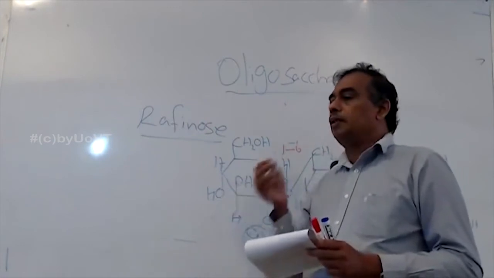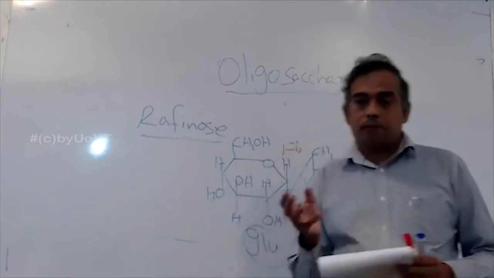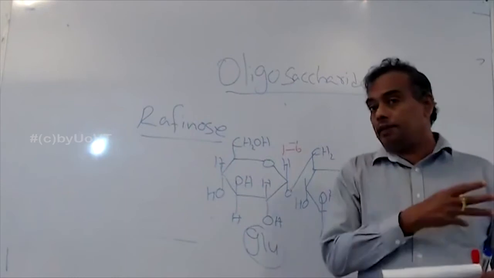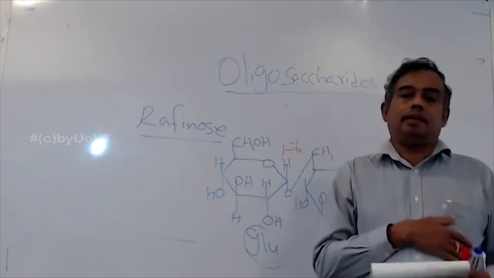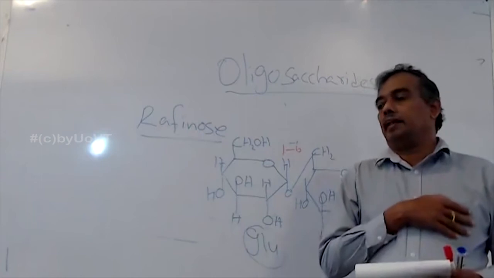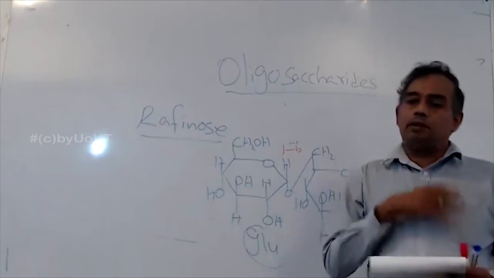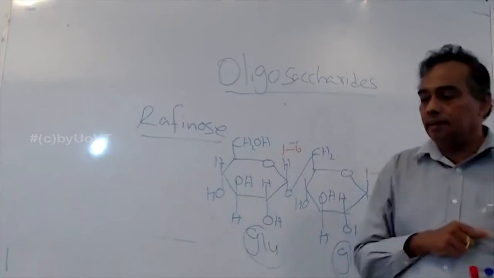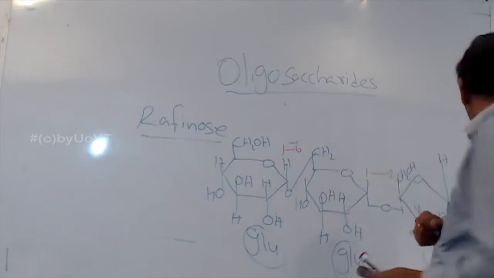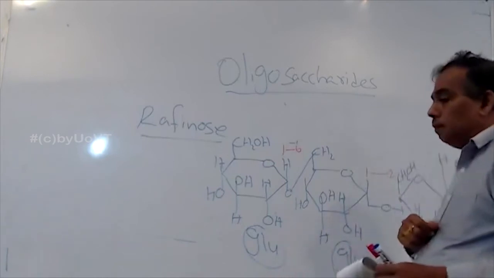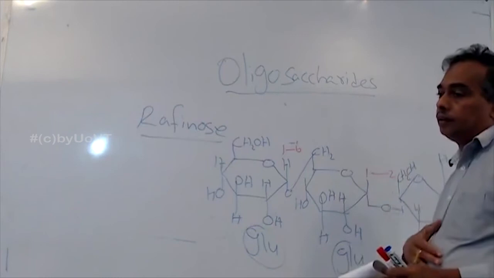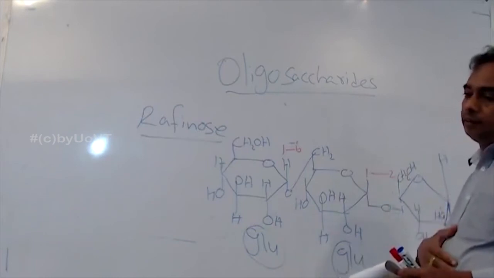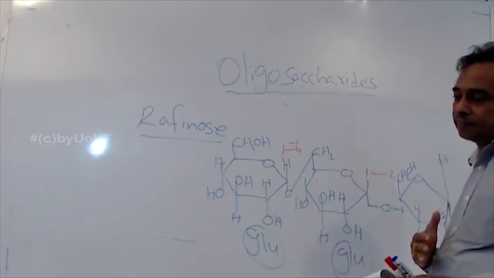That's why people suffering from diabetic-like conditions are advised to consume oligosaccharides rather than monosaccharides and disaccharides, because in most cases our digestive system cannot digest oligosaccharides. So you can get an idea about the fullness of your stomach. That is a very important item.